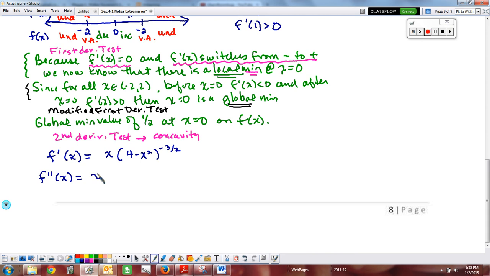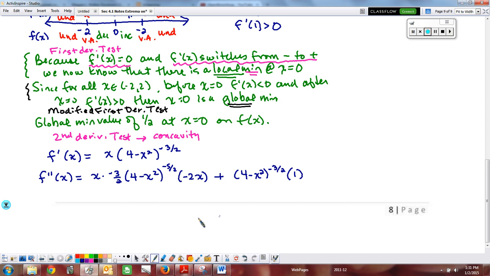So I'm going to do x times the derivative of the second one, so that would be times -3/2 (4 minus x squared) to the, subtract 1, -5/2, times the derivative of the inside, -2x, plus the (4 minus x squared) to the -3/2 times the derivative of x, which is 1.